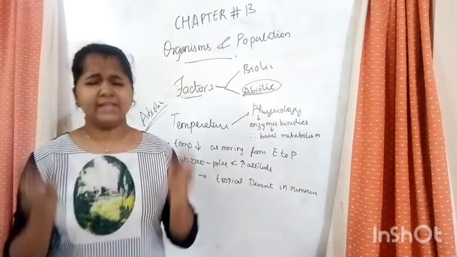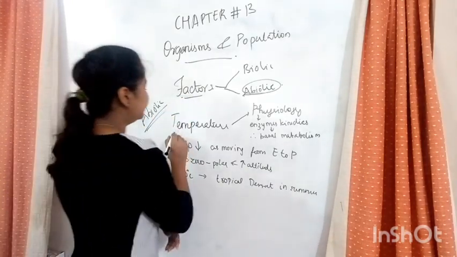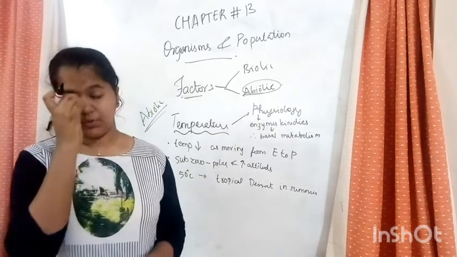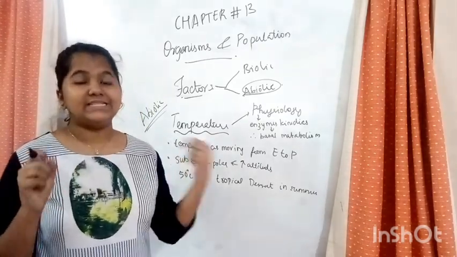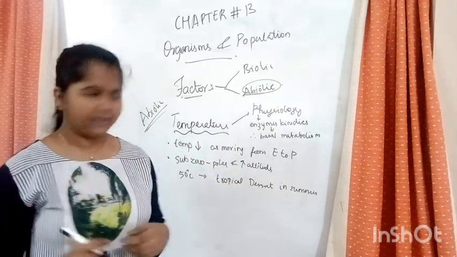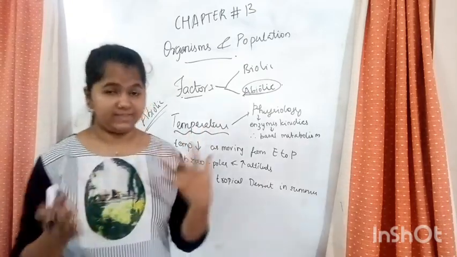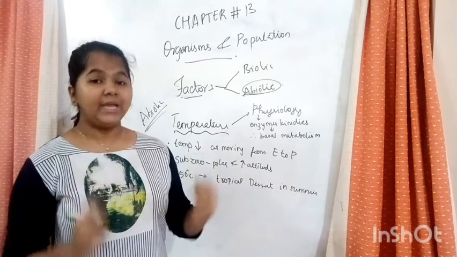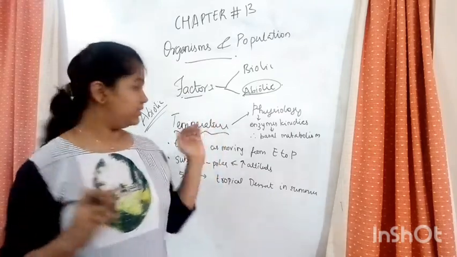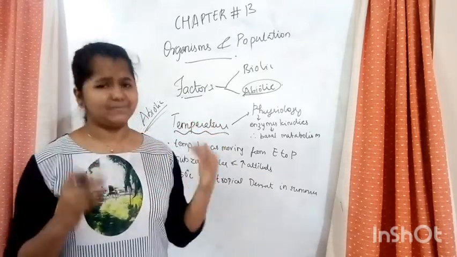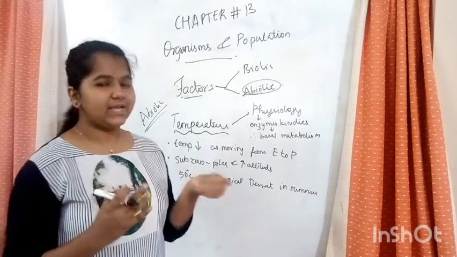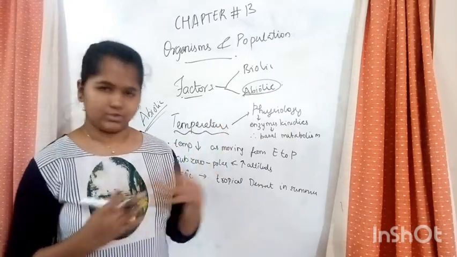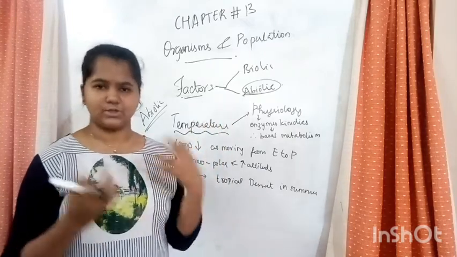The first and the major factor is temperature. So what is temperature? That is the heat or coldness. When we say temperature, we always associate it with heat, but it's not only about something that's hot. If you say it's 0 degrees Celsius, that's also temperature. 5 degrees Celsius, that's also temperature.